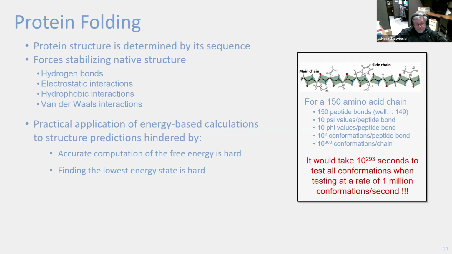And then apart from that, Rosetta is trying to start from structures that are relatively close to what the best structure, the native structure, could be. It's not always perfect.